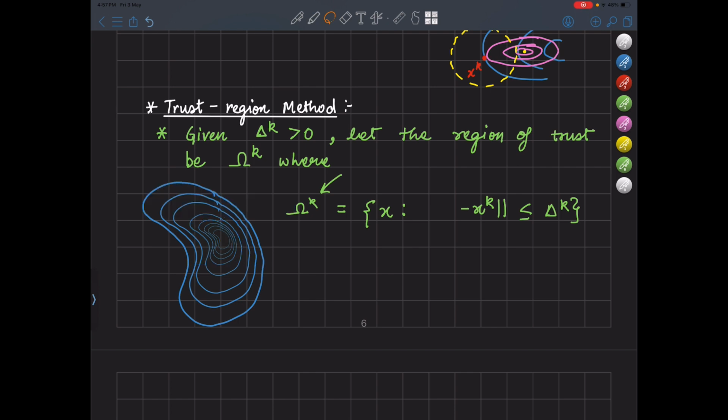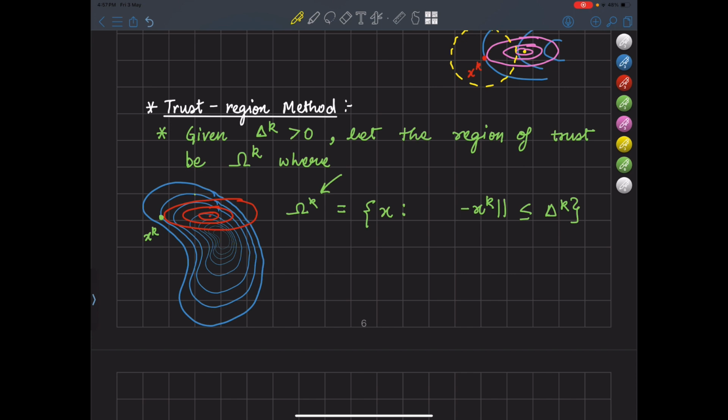Let's say we are at xk, and this is the quadratic function approximation of the given function at xk.